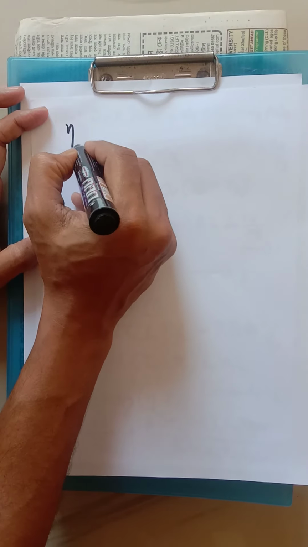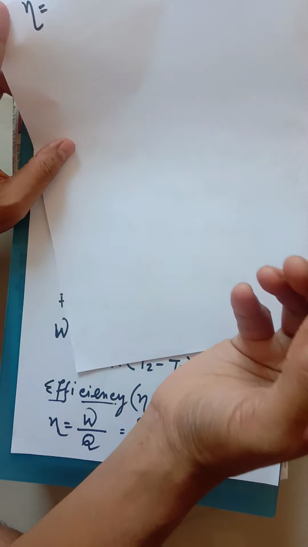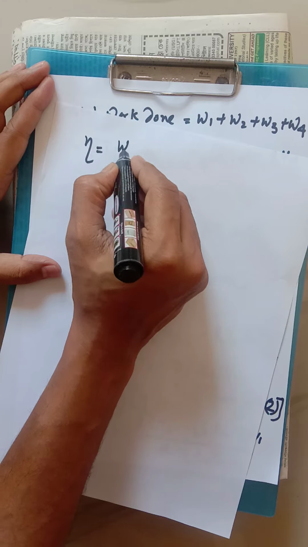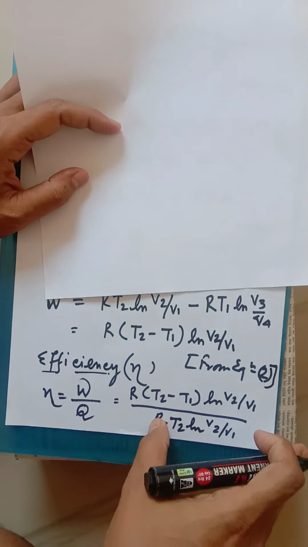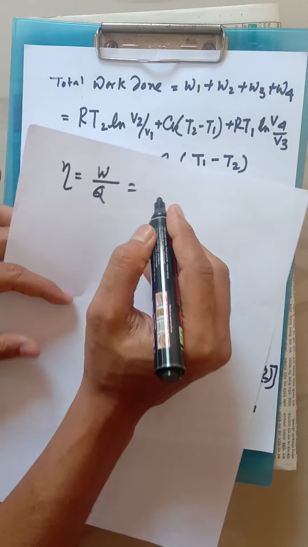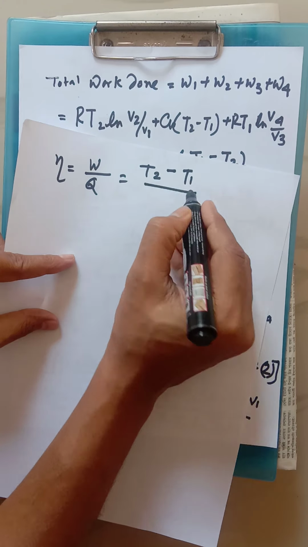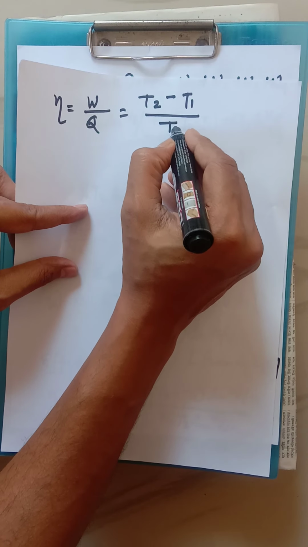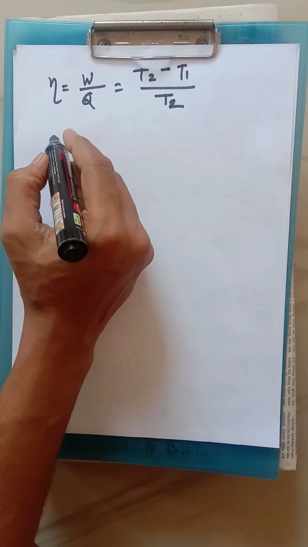Efficiency becomes W by Q. It will become what? The common terms will be cancelled out, and the remaining part will be the result. I hope that is clear to all of us.